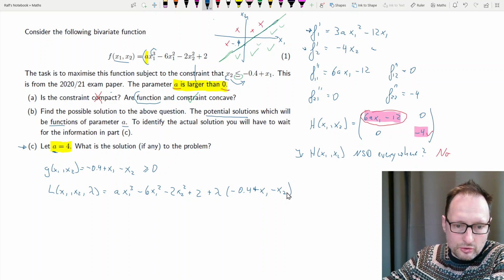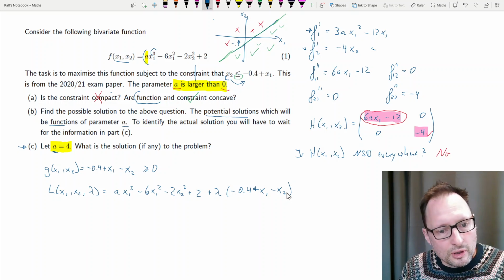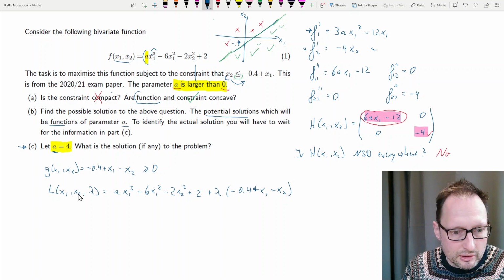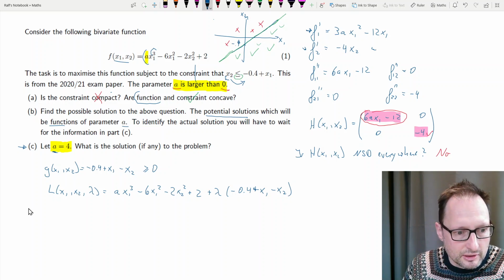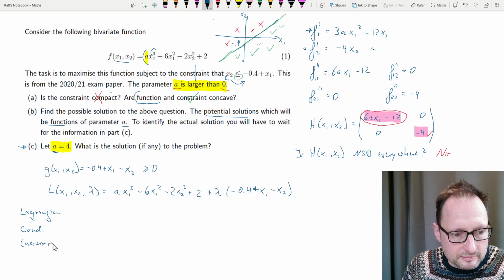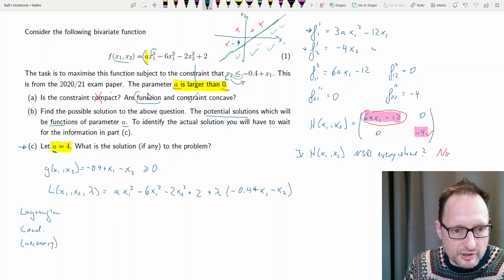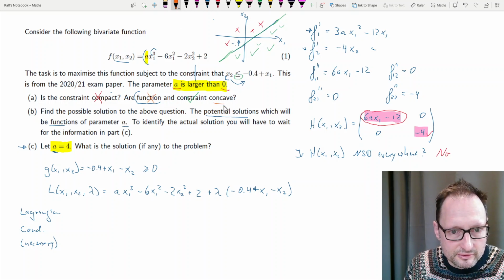What we now need to do is we need to set down our Lagrangian conditions. Okay, the Lagrangian conditions, and we know in our case they will be necessary, not sufficient, because our function was not concave.